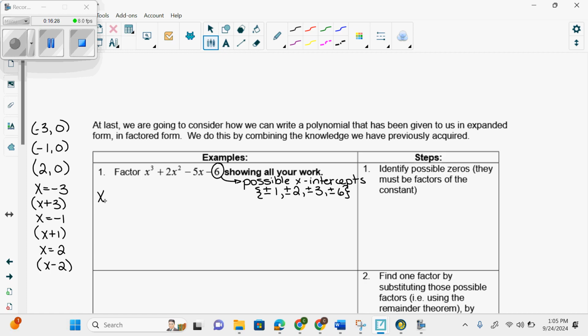So we're going to go x equals negative 3, and then we're going to make an L, which is a synthetic division symbol. The synthetic division symbol has numbers at the top and numbers at the bottom. So we always have to make sure that in order to do this, we can rocket count.